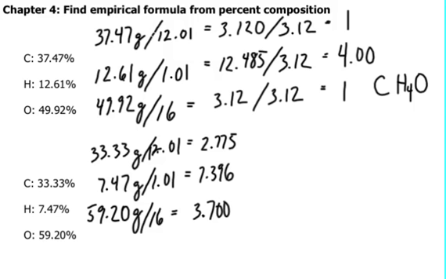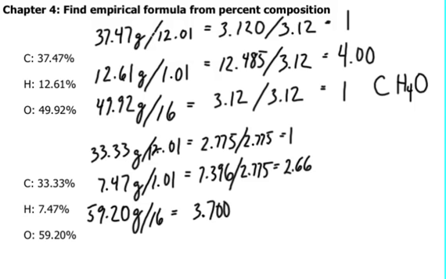So mass to moles. Then I'm going to divide everything by the smallest number, which in this case is the carbon, 2.775. That one's easy. That gets me 1. Divide 7.396 by 2.775 and I get 2.66.